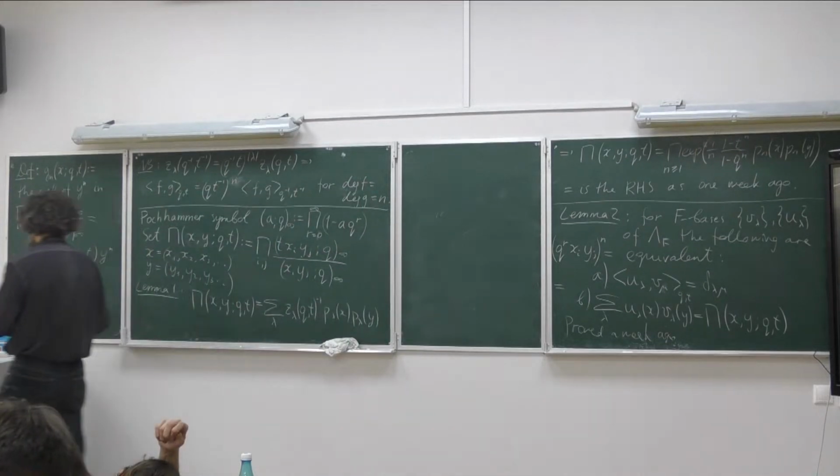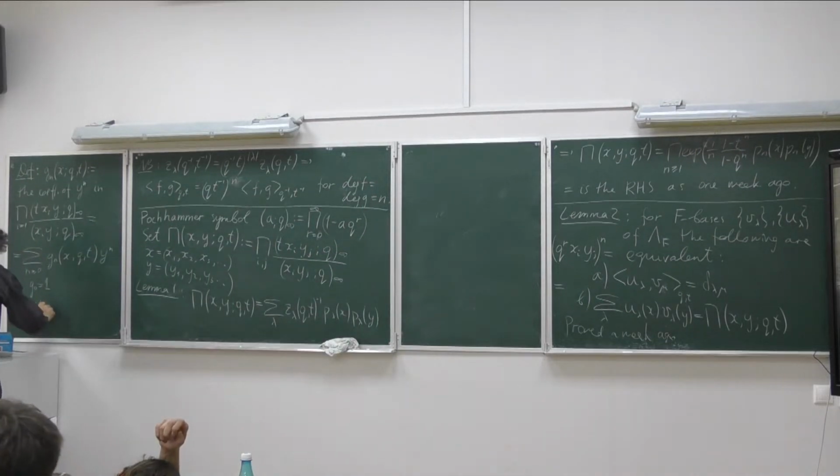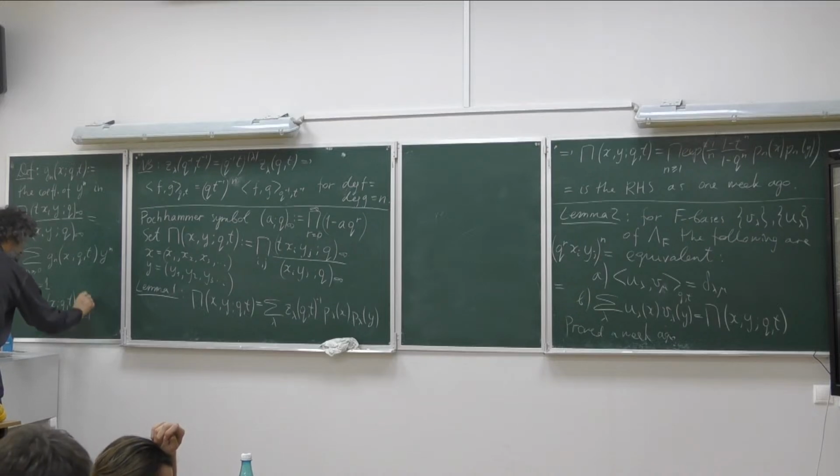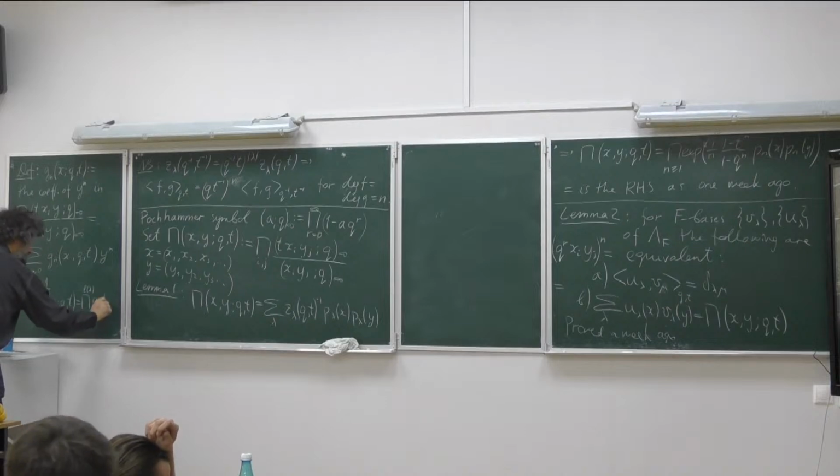Then let's define, as I just said, g lambda of x, q, t as the product from i equals 1 to the length of lambda of g lambda i of x, q, t.